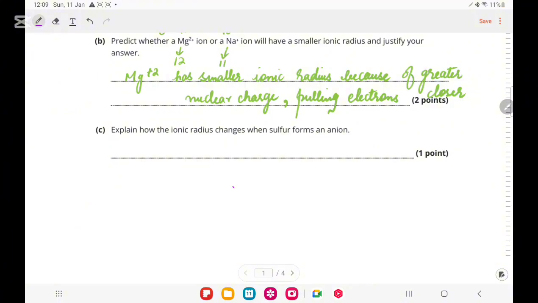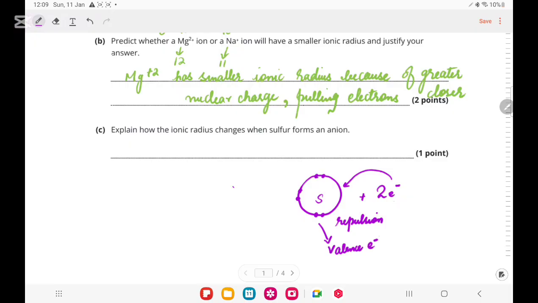When we add electrons to sulfur, which has 6 electrons in its outermost shell, there will be repulsion between the valence electrons and the incoming electrons. So there will be a larger ionic radius.